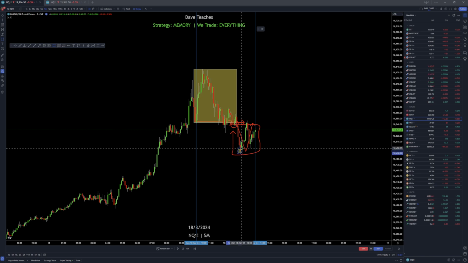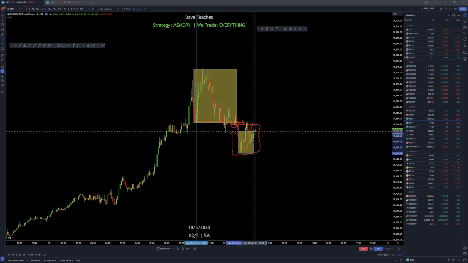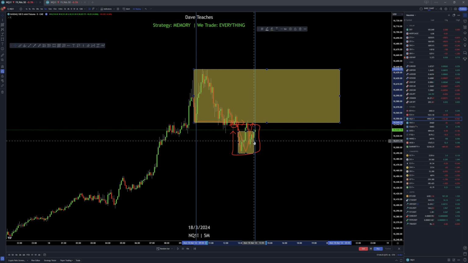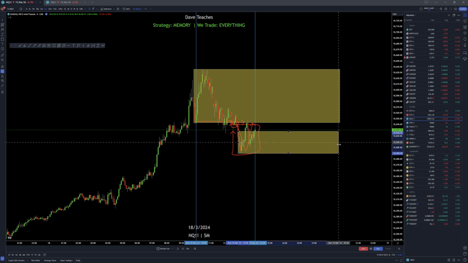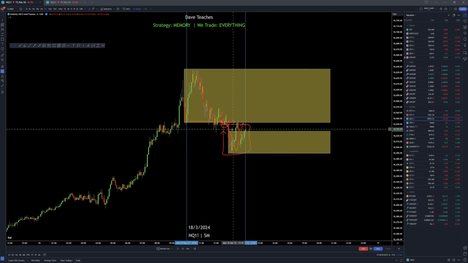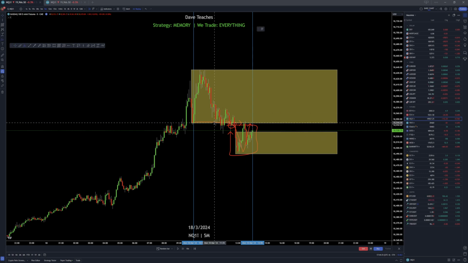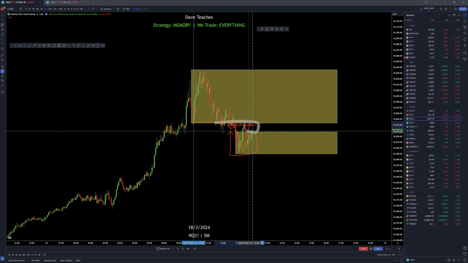So here's the low. And there's the wick. So if you look, this is a wick above and this is a wick below. So where's the body? Where's the body of the 10 o'clock 4 hour candle?